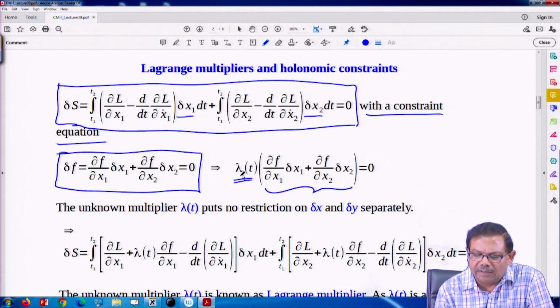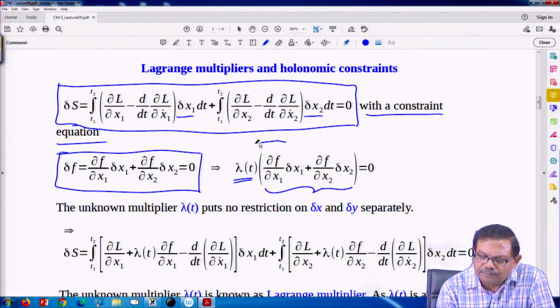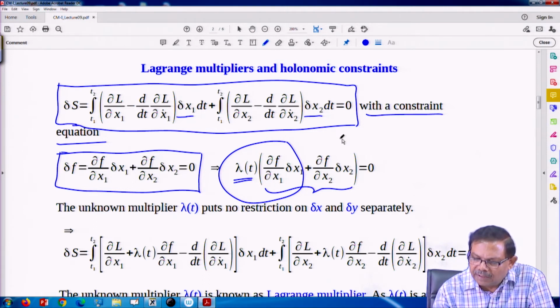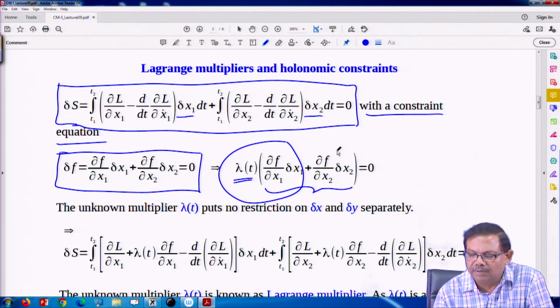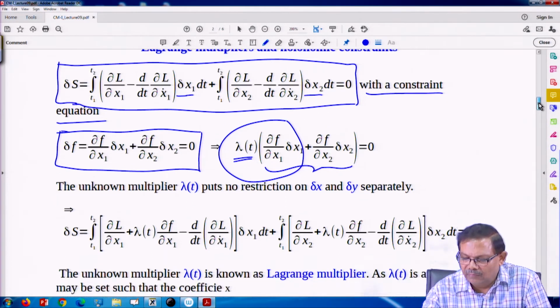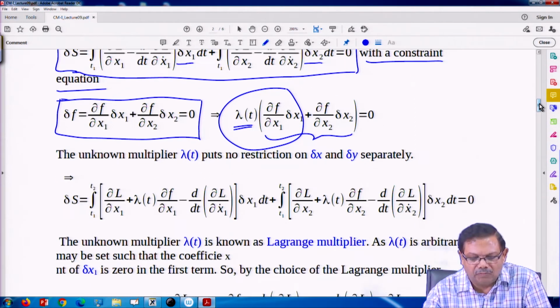Now, you see this part, and similarly lambda times this part, if I add them in the equation, their sum is 0, it is given there, right. So, that is what we are going to do now.